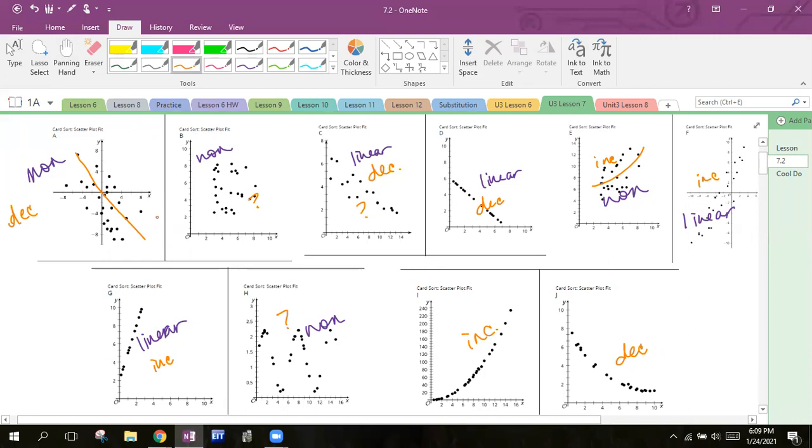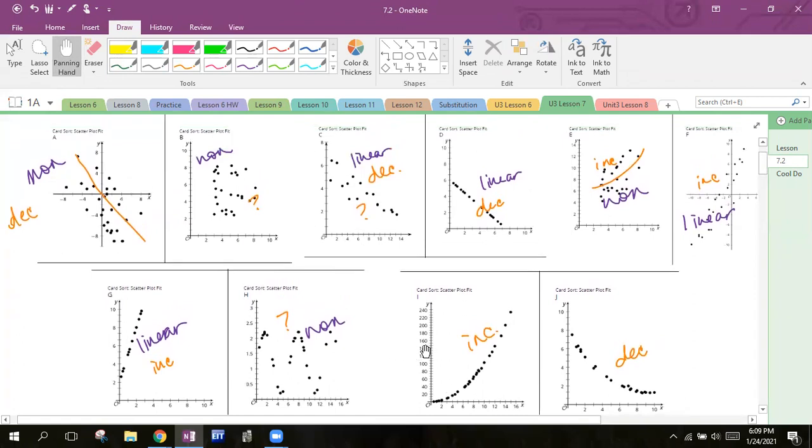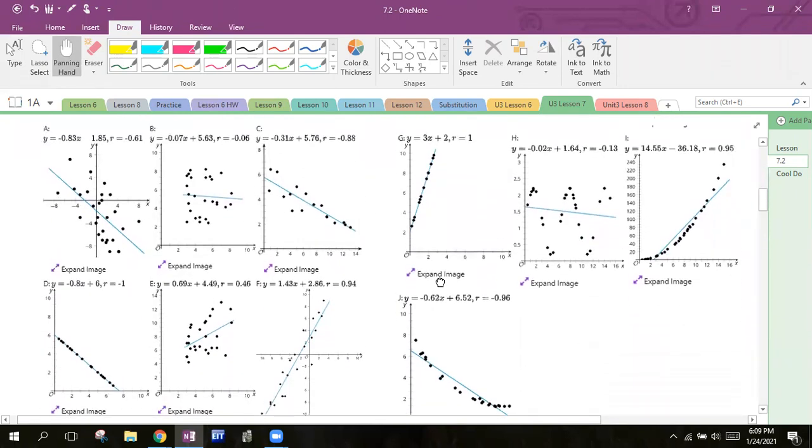Now, what I want y'all to do is look at these graphs with a little bit of information about them. So I have them all down here, and with them I have their equations for their lines of best fit.